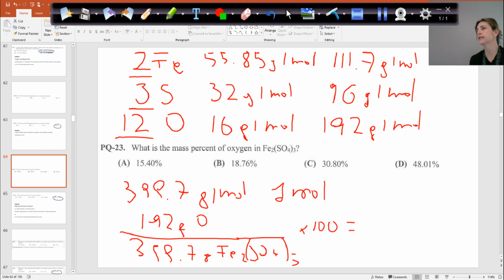So that's the percentage by mass, right? And that should come down. It looks like it's about half. So it should be 48.